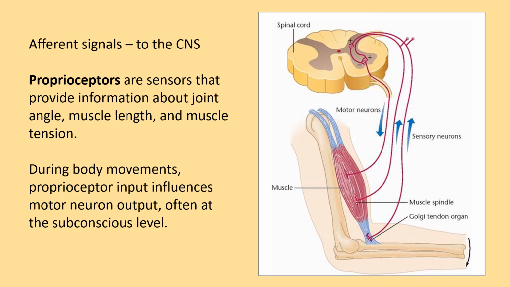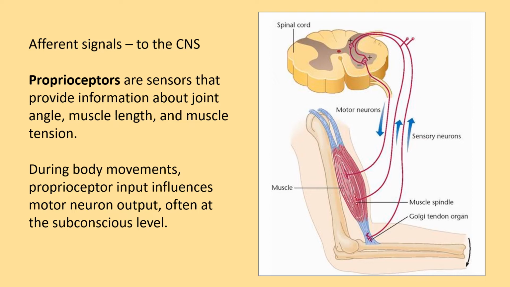So the afferent signals, the messages arising in the muscle that get sent to the brain and spinal cord, those signals are generated by proprioceptors. Proprioceptors include a variety of mechanoreceptors, these mechanically sensitive cells that generate action potentials, and those action potentials travel along neurons, sensory neurons or afferent neurons.